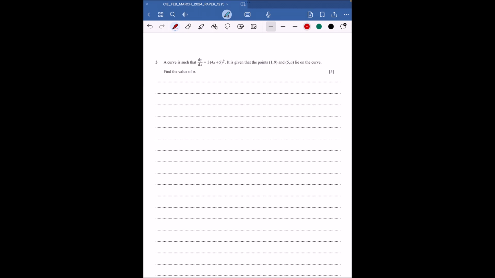All right. So we're finding the value of a. We're given dy/dx, so we need to integrate. If we integrate, we will find y of 3, then (4x + 5) to the power of 1/2 with respect to x.